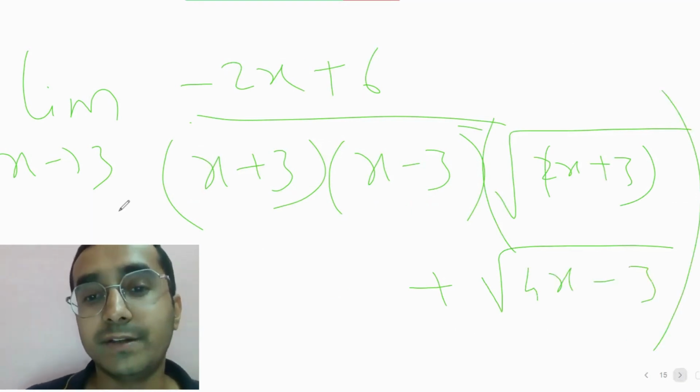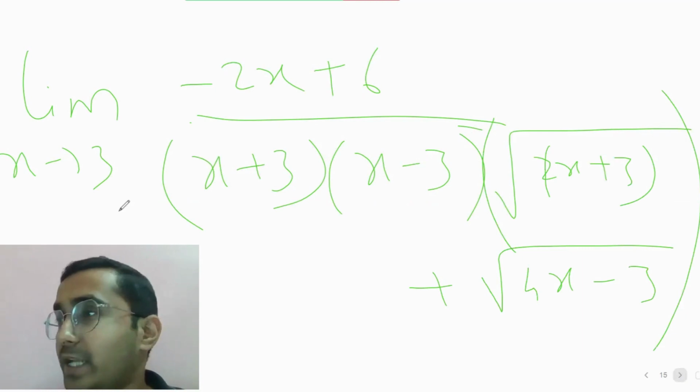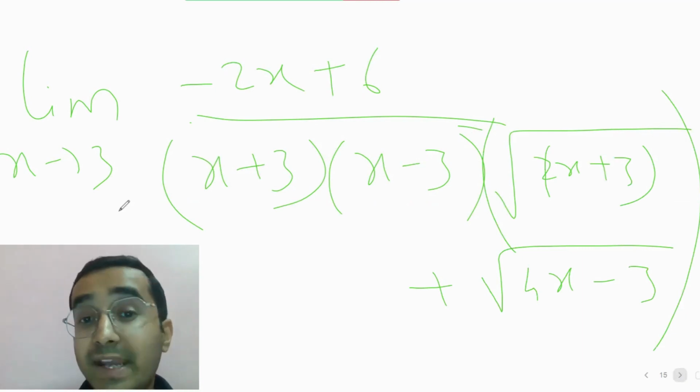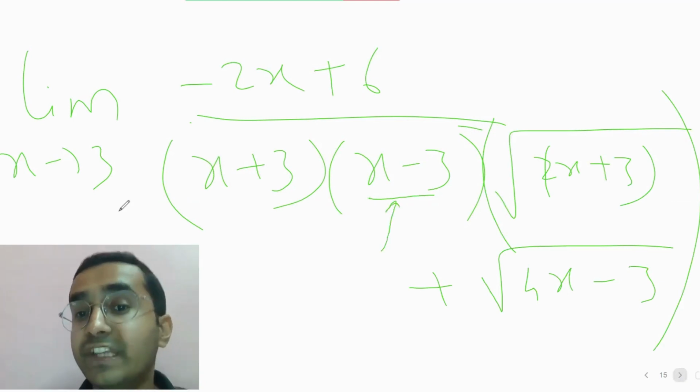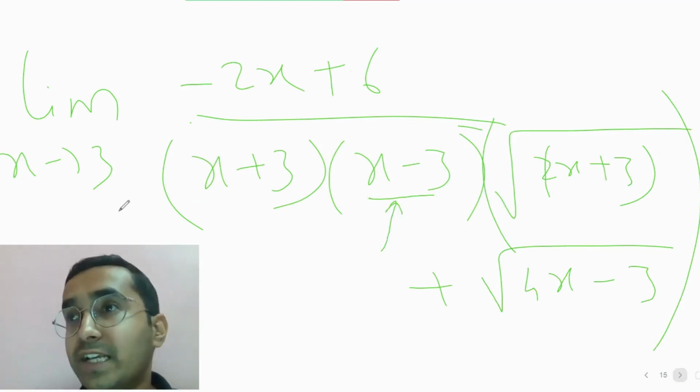Now, from the numerator, obviously I'm still getting 0 by 0. That means where I'm getting 0 in the denominator when I put x equal to 3, it's because of this factor. So I'll try to eliminate this factor.